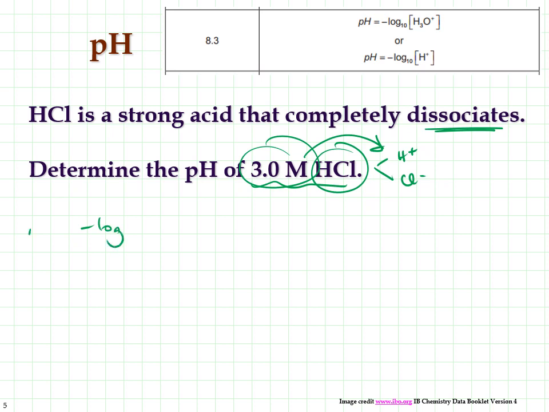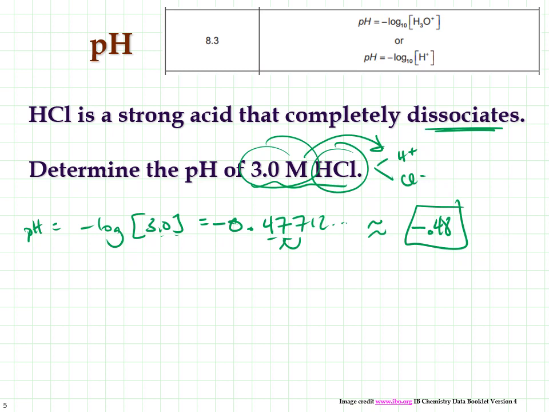To find the pH, I'm going to take the negative log of that hydrogen ion concentration, which is 3. Negative log of 3 gives me a pH of, oh my gosh, it's negative 0.47712, lots of digits. We're going to keep 2 decimal places. That 7 turns that into an 8. So our pH is about negative 0.48, which makes sense because this is a very concentrated and very strong acid.